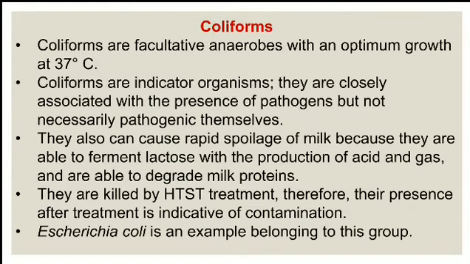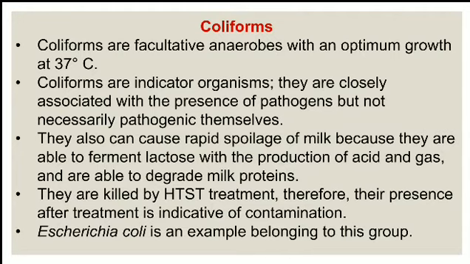The next is the coliforms. The coliforms are facultative anaerobic with an optimum growth at 37 degrees Celsius. The coliforms are indicator organisms. They are closely associated with the presence of pathogens but not necessarily pathogenic themselves.